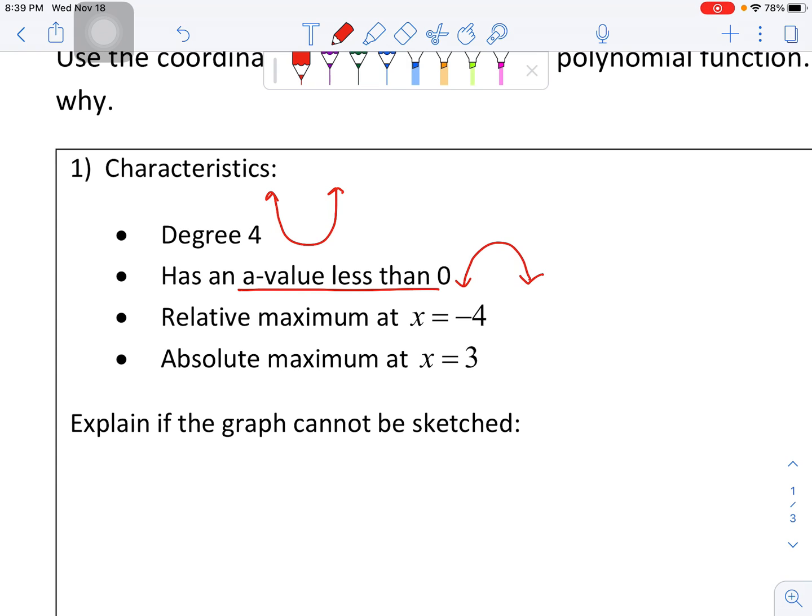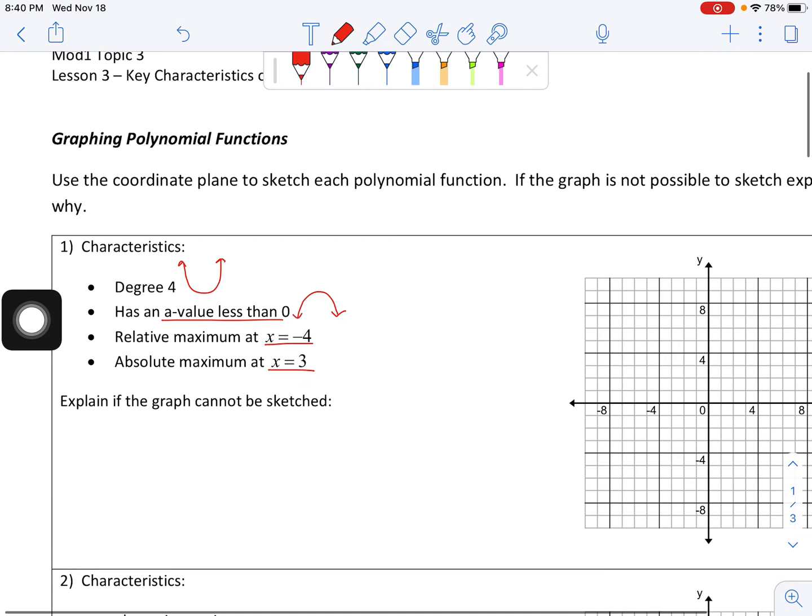Okay? We have a relative maximum at x is equal to -4 and an absolute maximum at x is equal to +3. So maximum means that we're at the highest points, all right? And basically if our graph is concave down like this, that would make sense. Relative maximum x is -4.